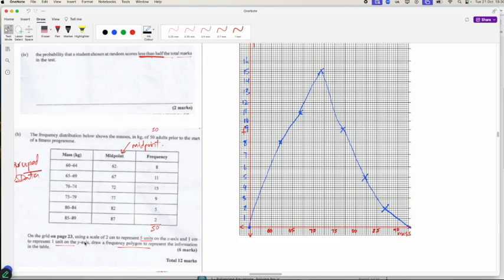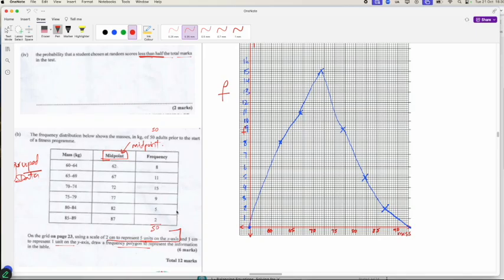Where I have what they say, using a scale of 2 centimeters to represent 5 units on the x-axis. Remember, frequency always goes on the y-axis. So midpoint is on the x-axis, and I'm using 2 centimeters to represent 5 units.